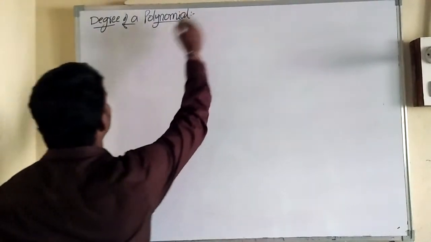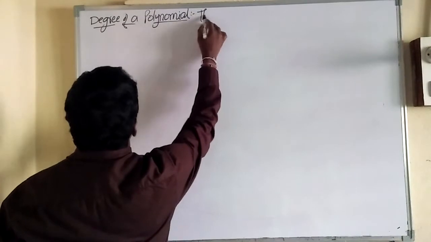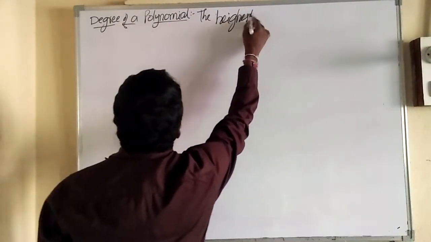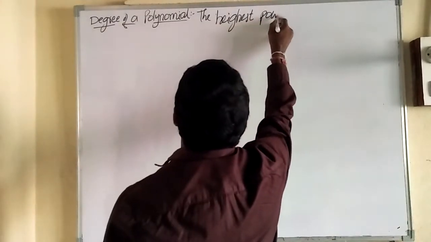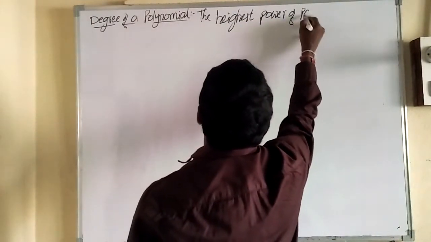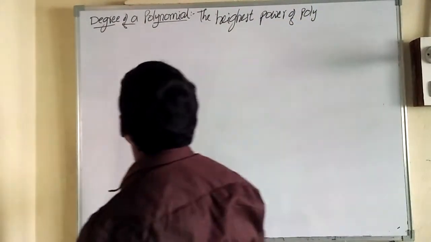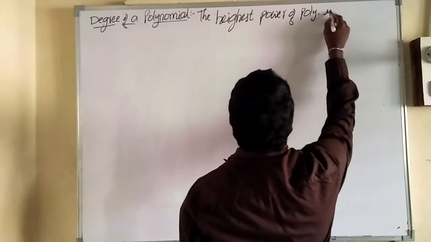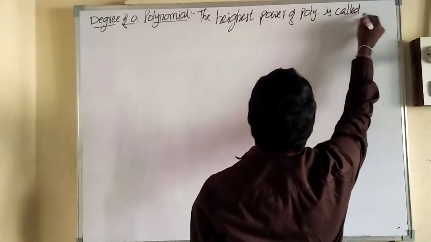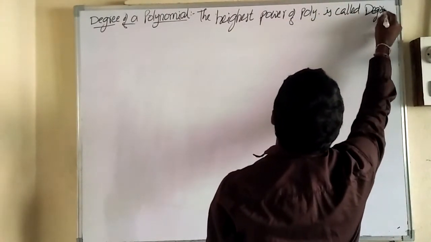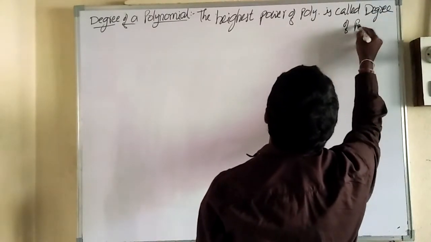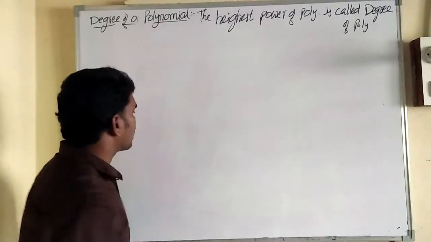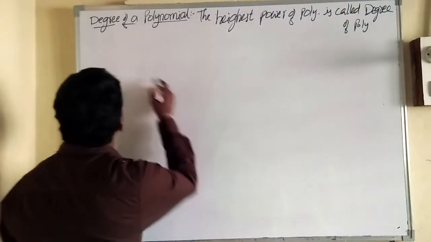Degree of a polynomial means what? Very simple. The highest power of a polynomial is called the degree of the polynomial. That's it.